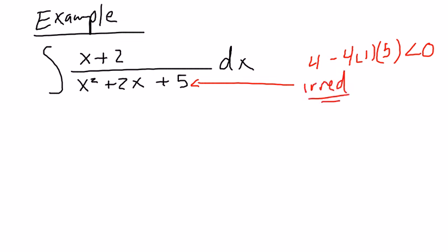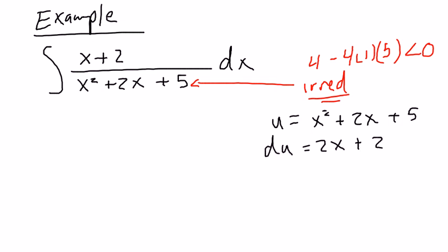Okay. So the first thing to do is to determine what u would be in a u sub. So allow u to be x squared plus 2x plus 5, and then du becomes 2x plus 2, or 2 times x plus 1. Okay, so then I want to rig the numerator to look like that.